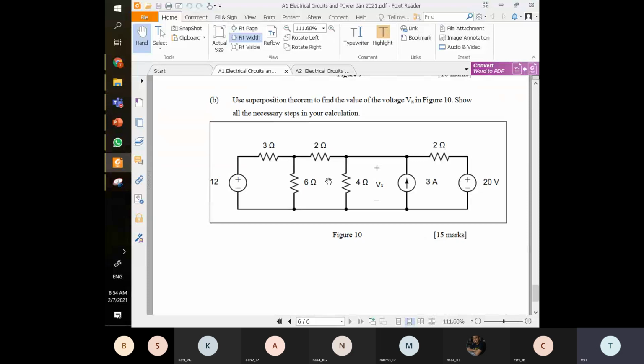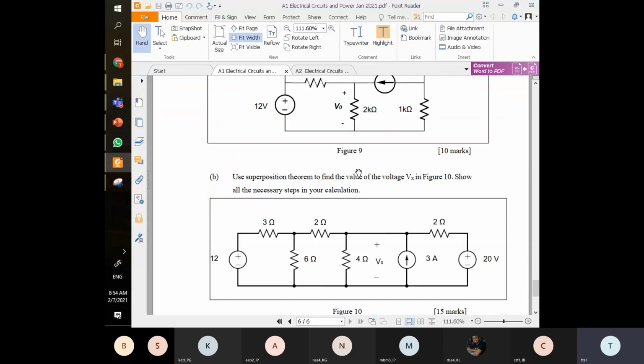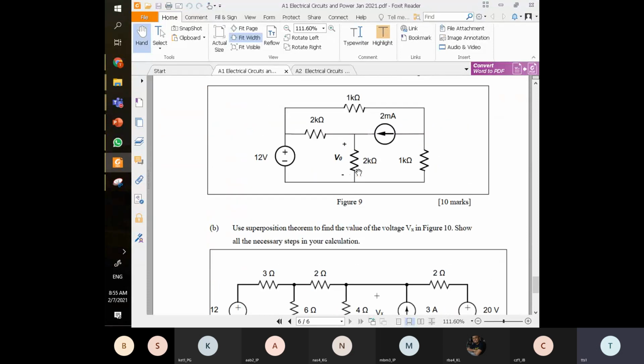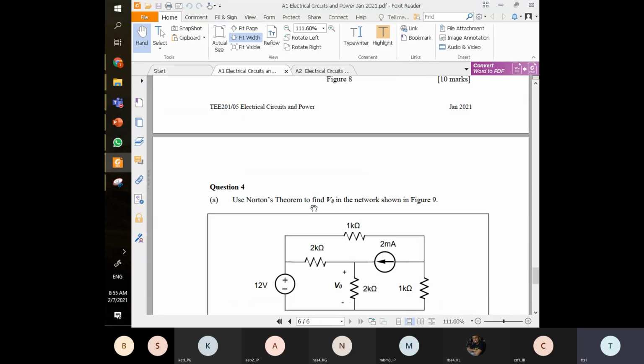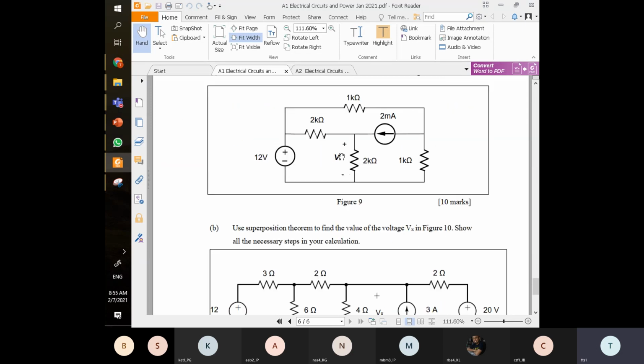That's why I say it's quite reasonable for you to request for resubmission after you complete today's class. You can work on the Thevenin.